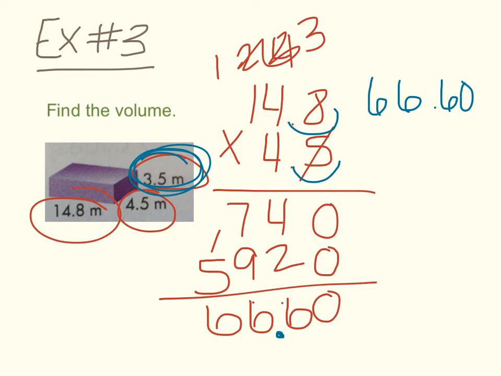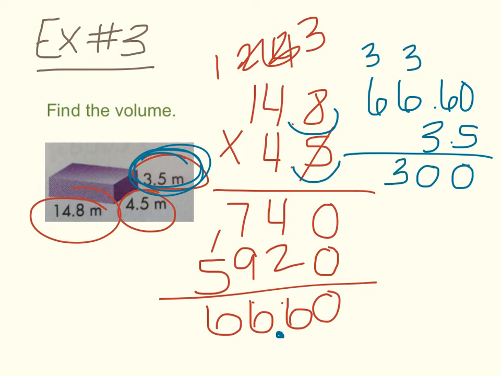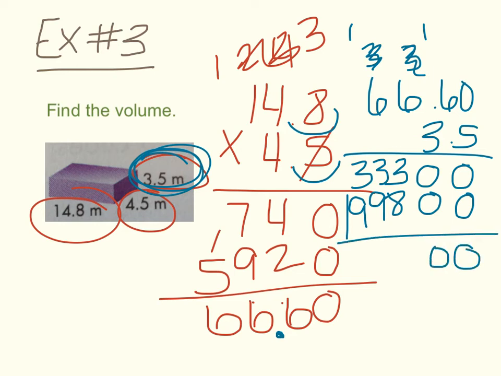Then I'm going to multiply by my last number, which is 3 5/10. And I move the decimal 1, 2, 3 times. And that's my answer.